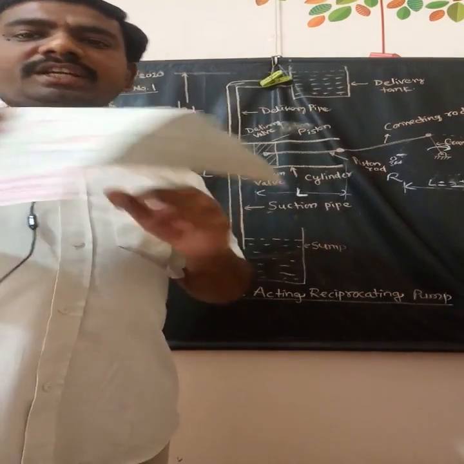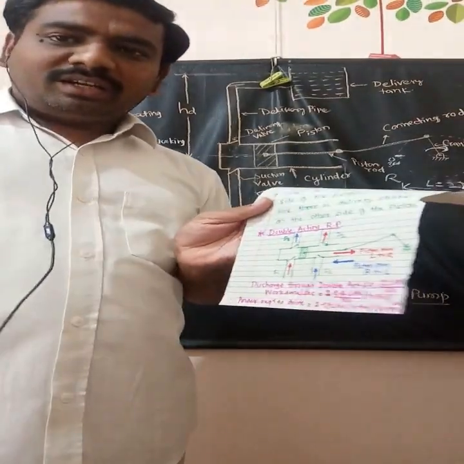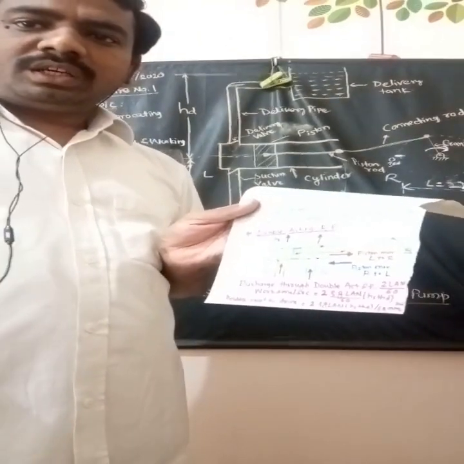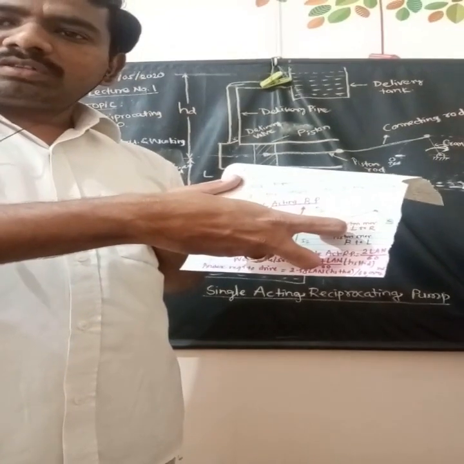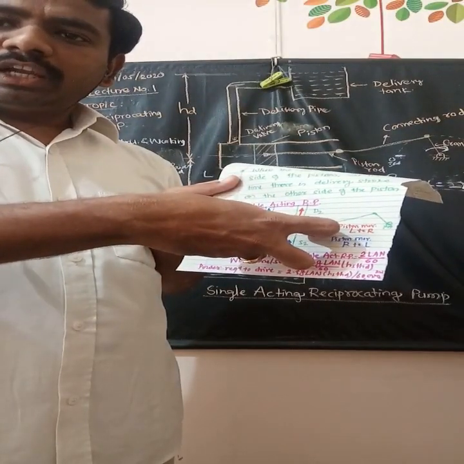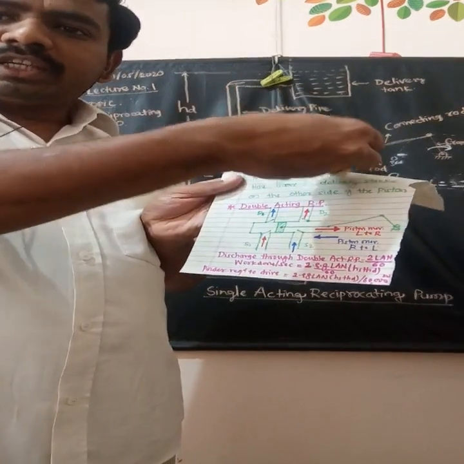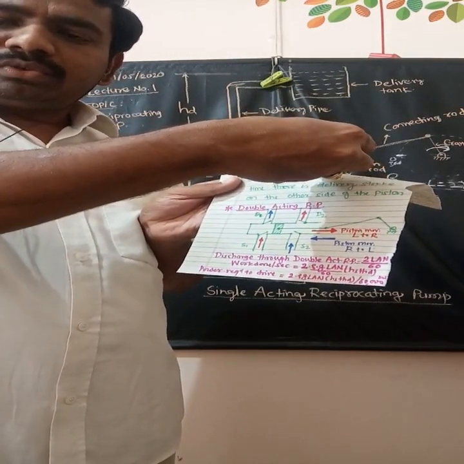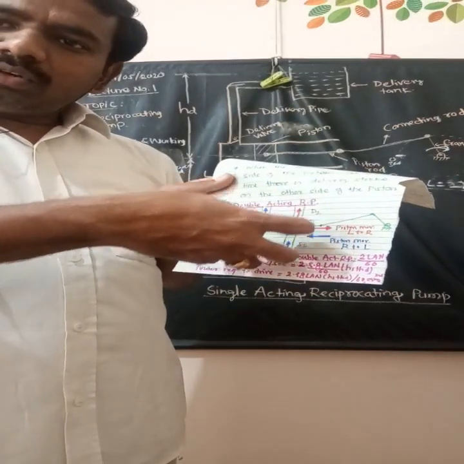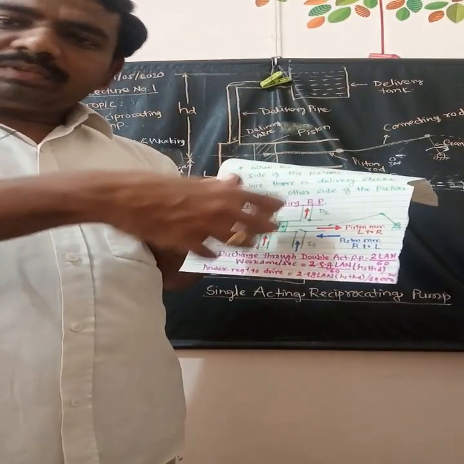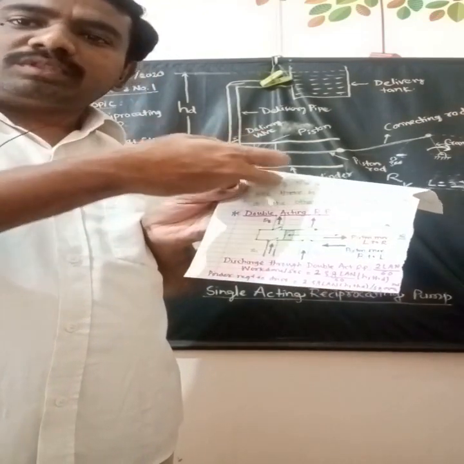And as its name indicates, in the double acting reciprocating pump everything is doubled, like the discharge. During one stroke, the volume of water entering is A into L, and the same amount is discharged in the earlier stroke. In the next stroke, on one side suction takes place, but on the other side delivery takes place again, of the same amount of fluid.